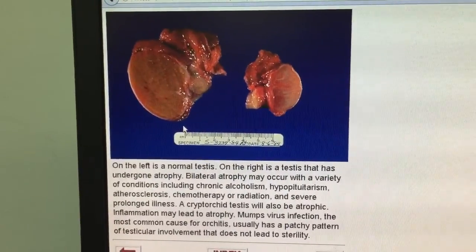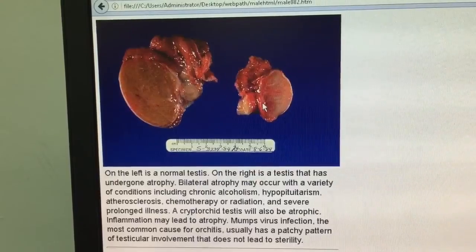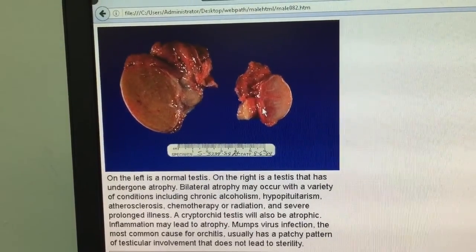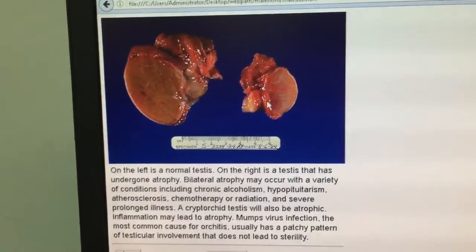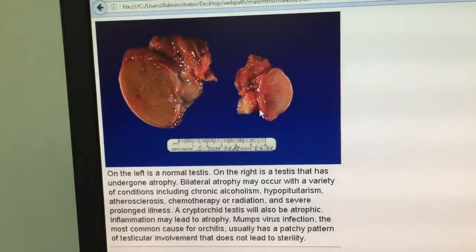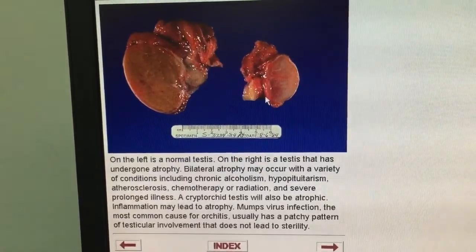In this picture you can see a normal testis, but this is a smaller testis. It is an atrophic testis. There are multiple causes of testicular atrophy. The testis is stimulated by hormones, so hypopituitarism, a decrease in the drive from the central nervous system, could cause bilateral atrophy.